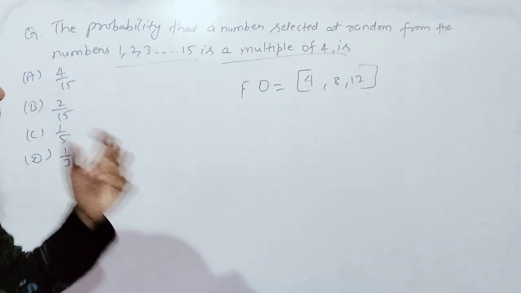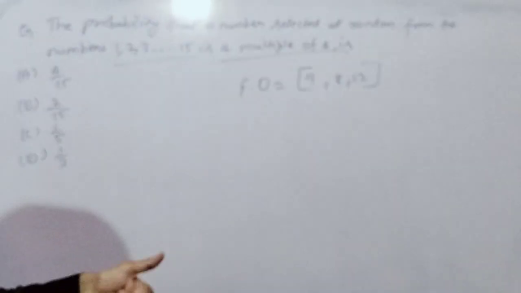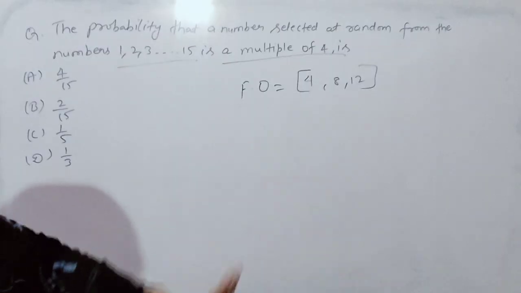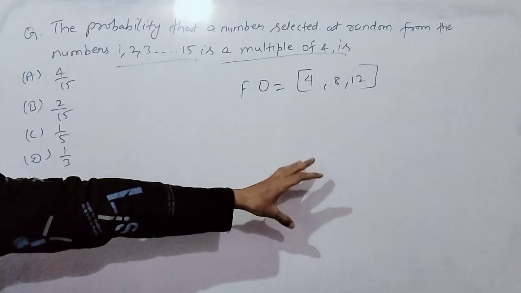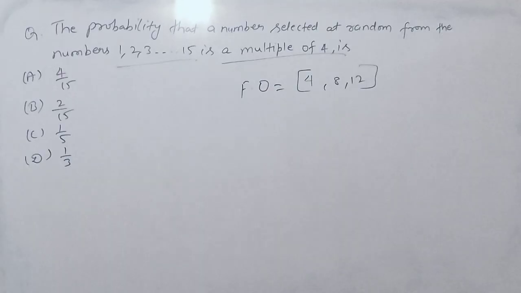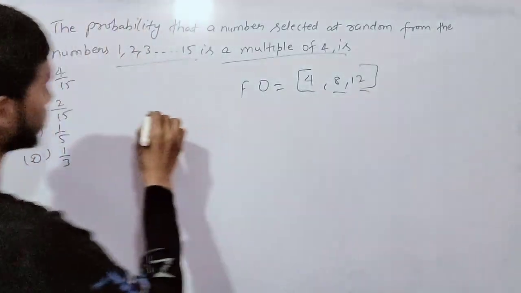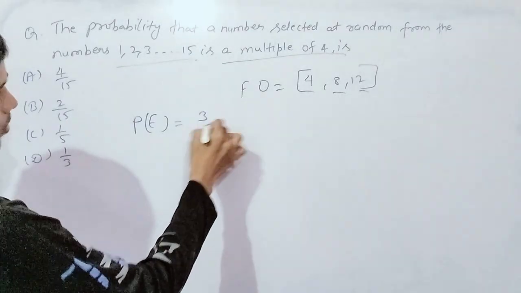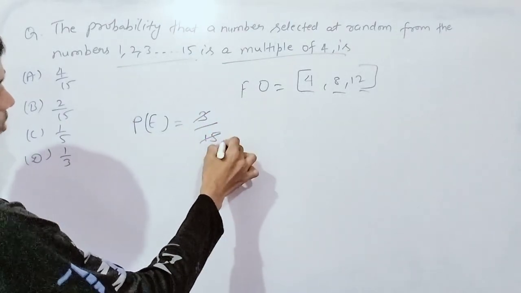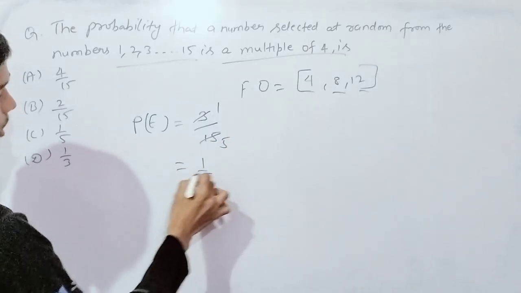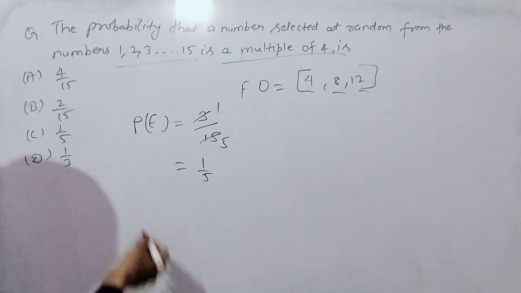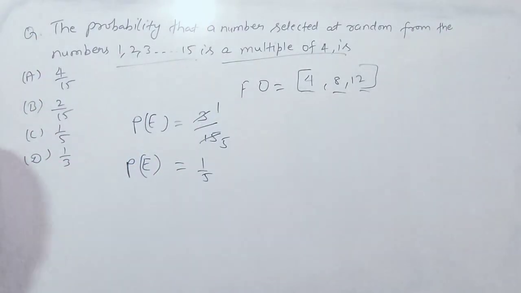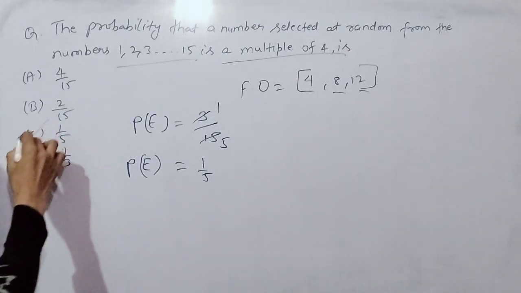So the numbers which come in the table of 4 and are between 0 and 15 are 4, 8, 12. That's all. So there are three numbers. The probability would be 3 upon 15, which is 1 upon 5, or 0.2, which is between 0 and 1. So finally this is the answer.